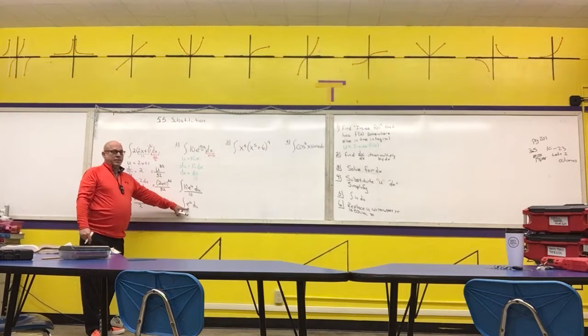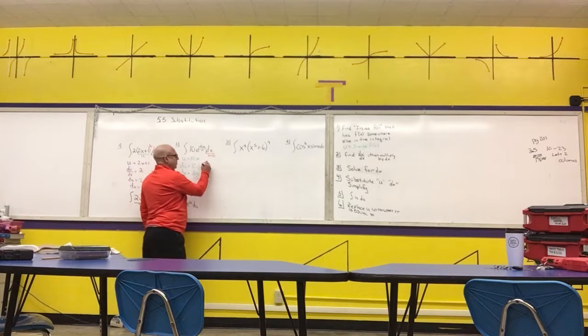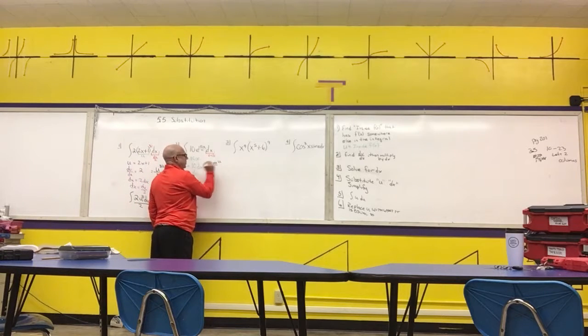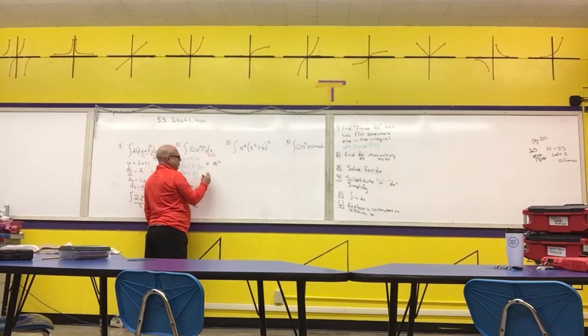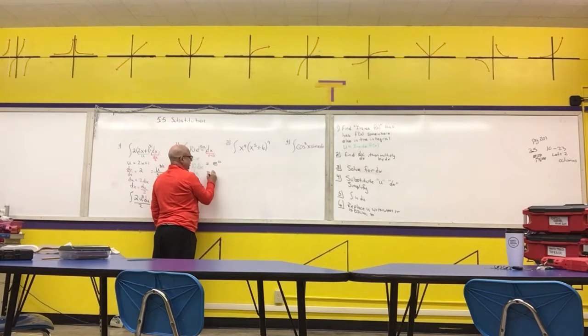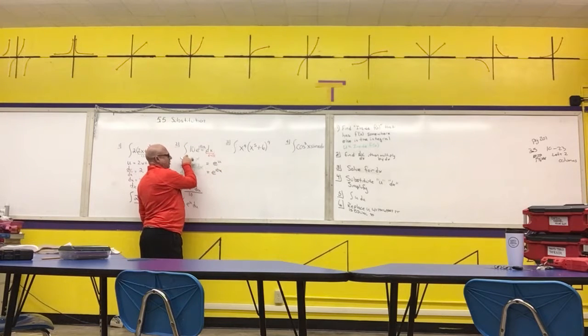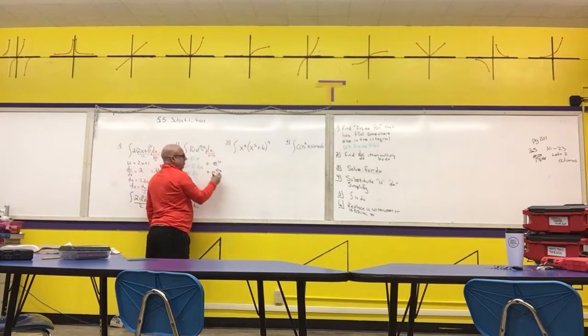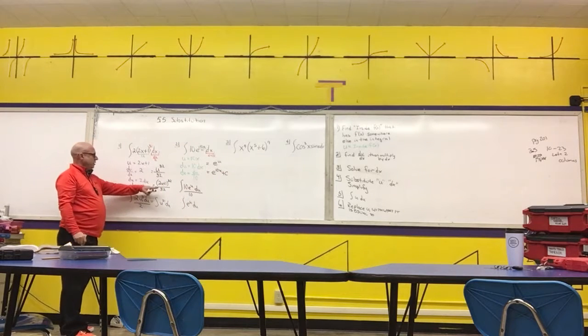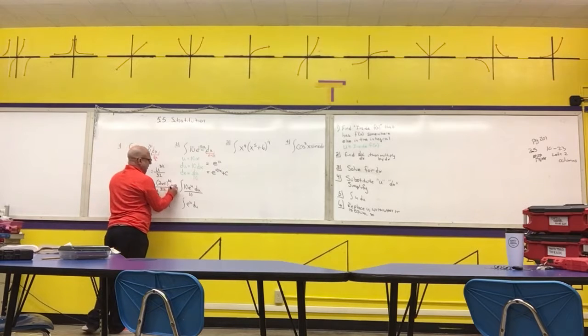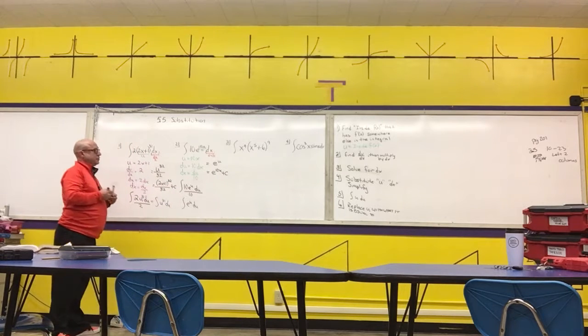Well, the integral of e to the u is e to the u. Except I can't leave my answer with u's. I need to substitute what u is equal to, and my final answer is e to the 10x. And because these are indefinite integrals, I have to add the plus c. So down here, I needed to add a plus c to my final answer.